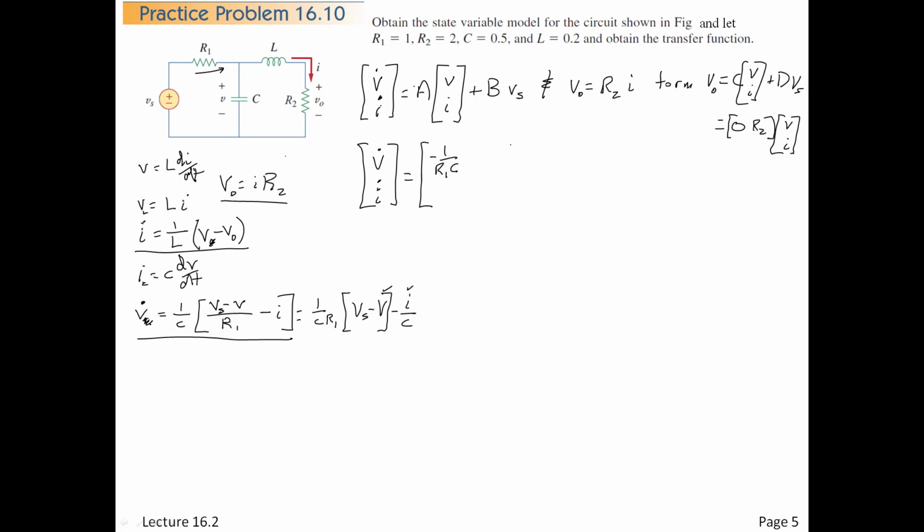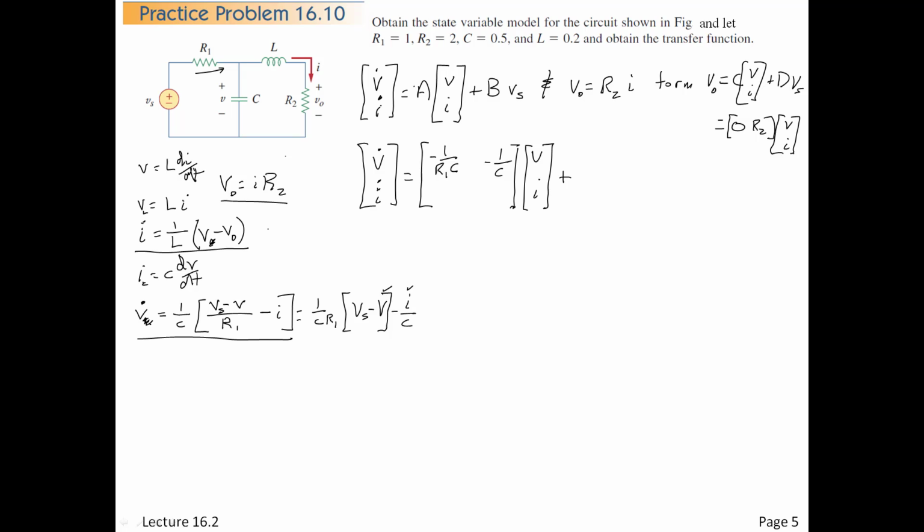And that'll be times, just to kind of keep it visualized, I'll just fill this out ahead of time. So I got V and I. You may have your own techniques for writing these matrix equations, but that's up to you. That's how I do it. I kind of fill in the structure and then start to go after the details, right? So now I've got that term in. The second part of the V dot equation is minus 1 over C times I, right? So this is minus 1 over C.